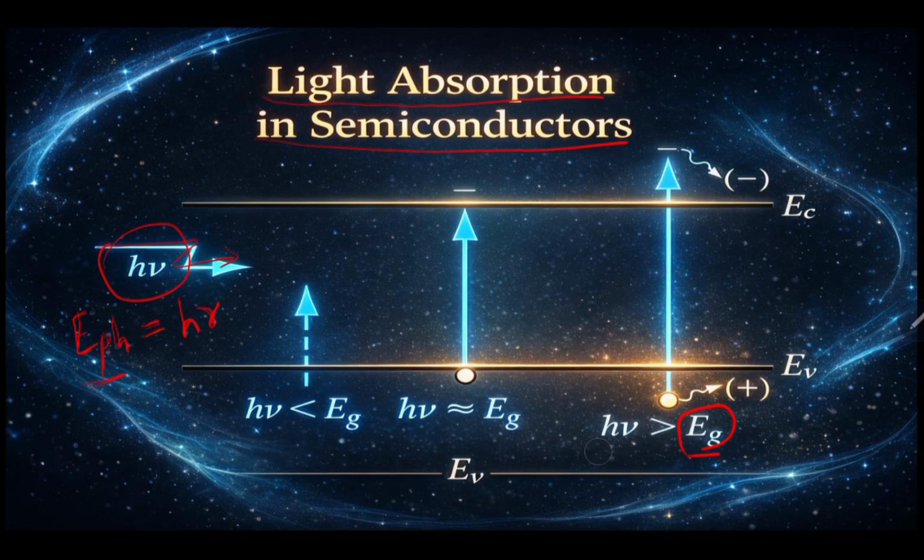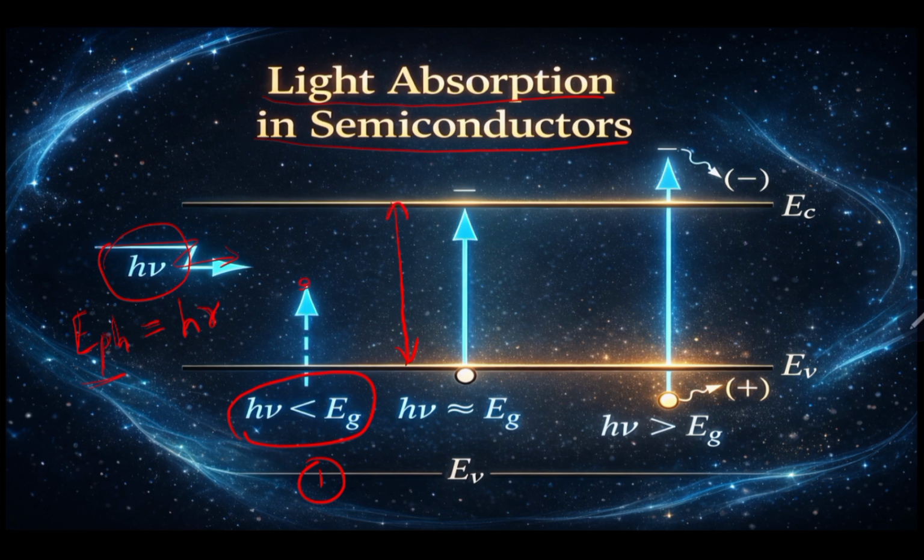The first case is where the light energy is smaller than the band gap energy. The photon energy is only this much, but the band gap energy is this much.